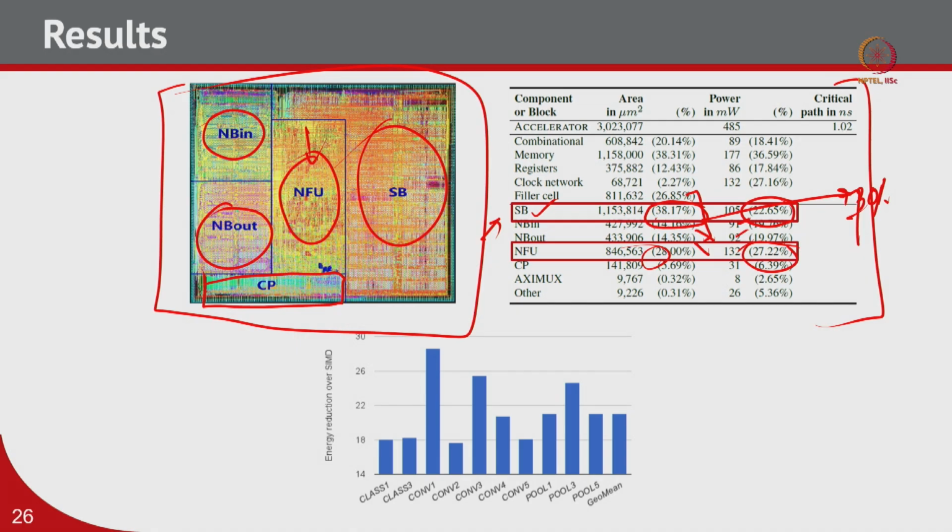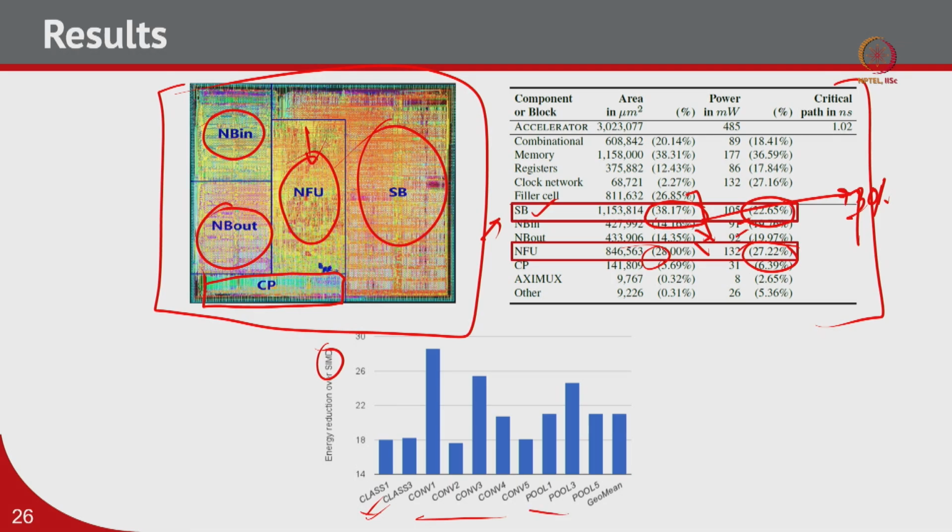So, in this particular graph, they are showing the energy reduction over SIMD. Again, SIMD is nothing but single instruction multiple data, which is the typical operation principle of GPUs, right. So, they are showing the energy reduction over SIMD, of course by DianNao, for different types of layers like classification, different convolution, then different pooling.